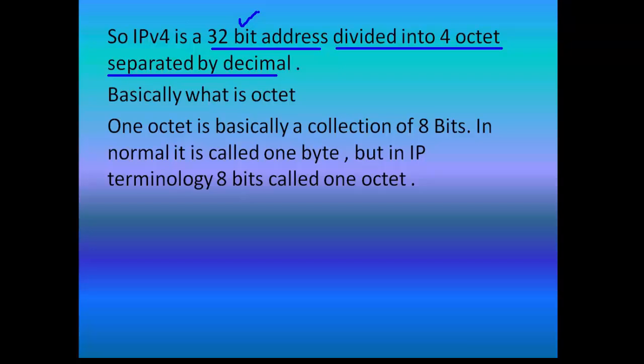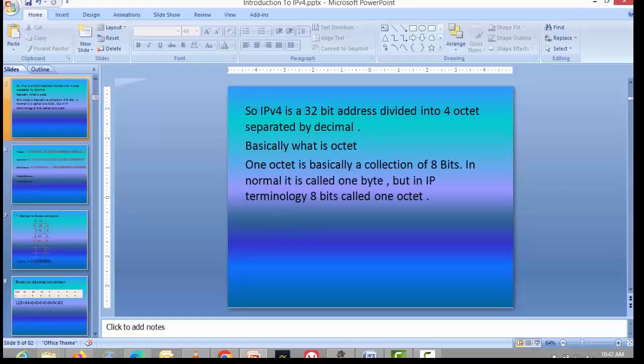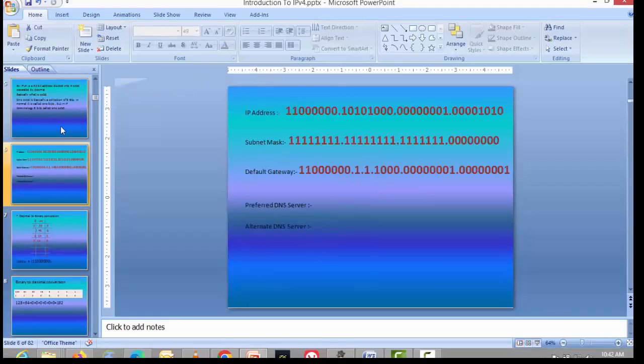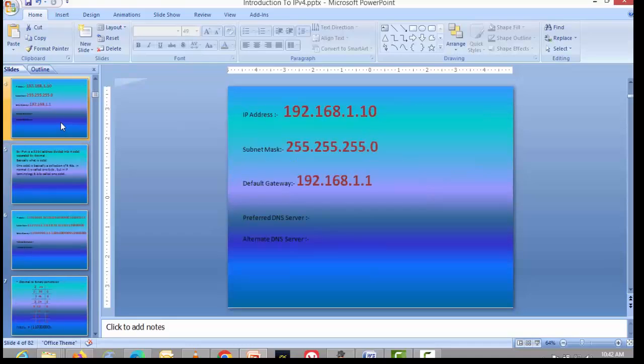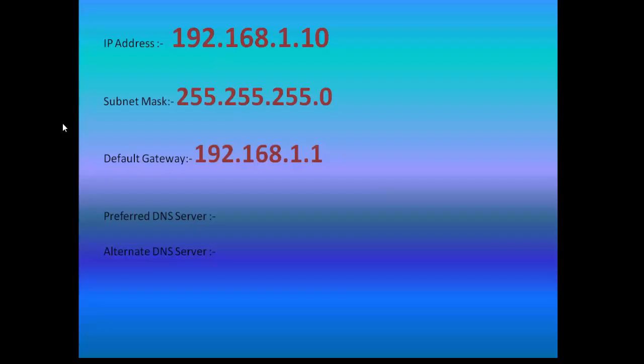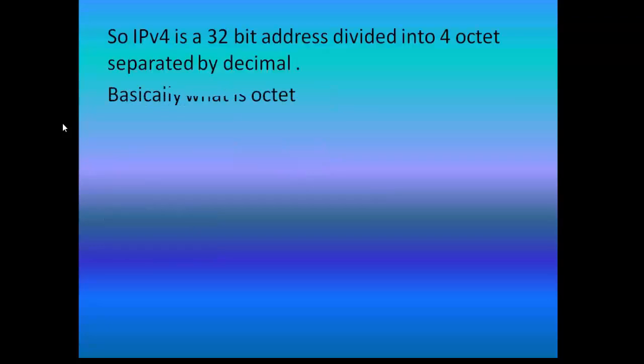Logical address or IP address is designed in the binary number system, not in the decimal number system. I was showing you previously here, this is a decimal number system, but actually IP is designed in the binary number system.